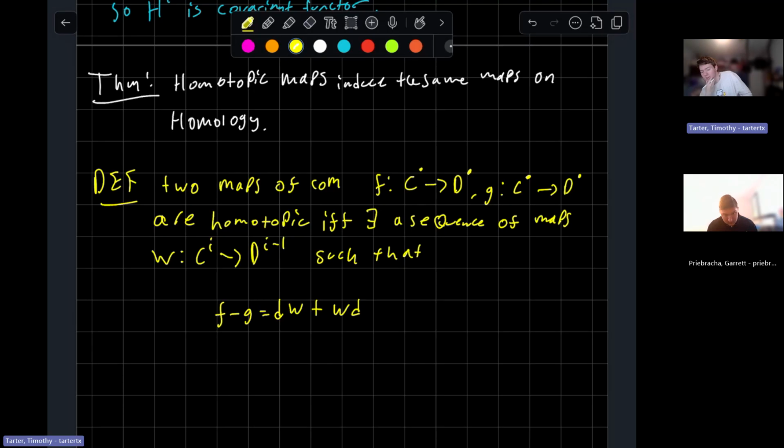Where D is what? Hold on. Homotopy on complexes.